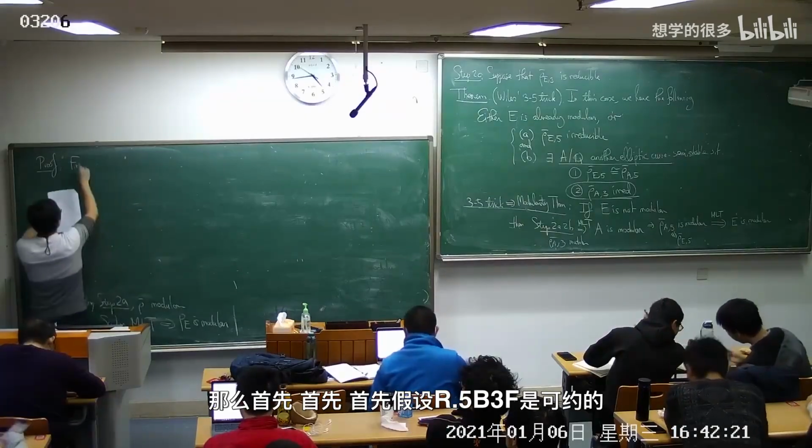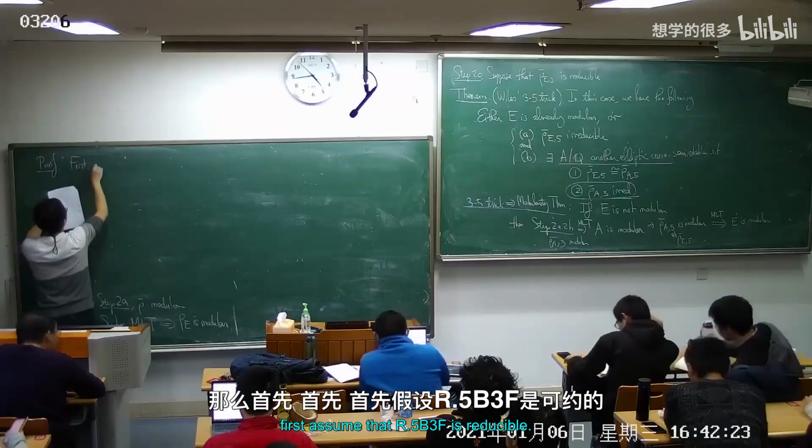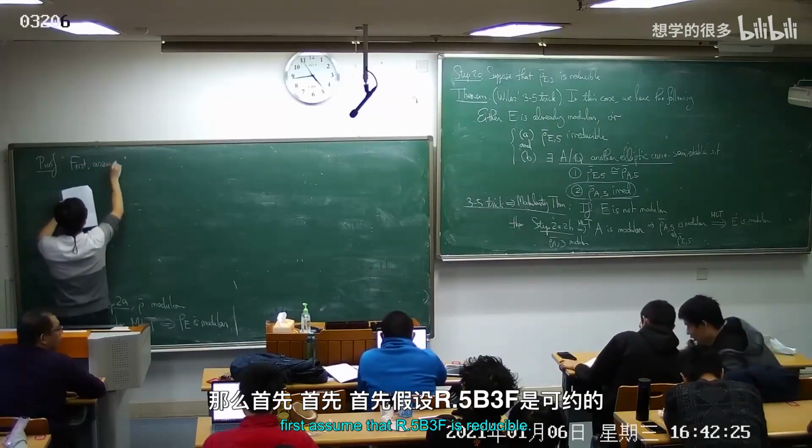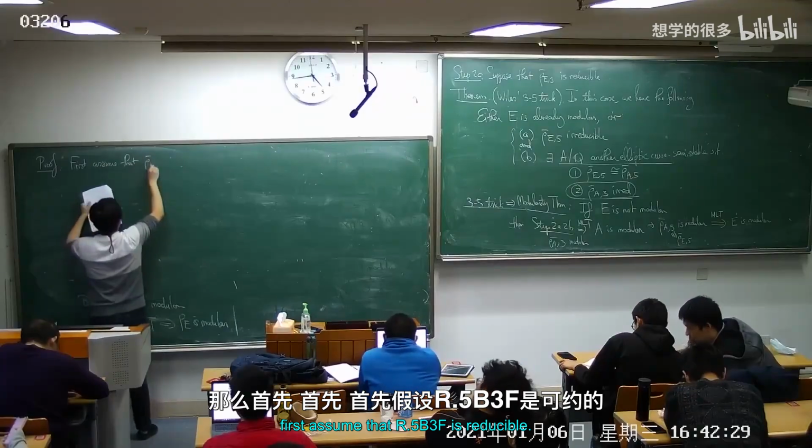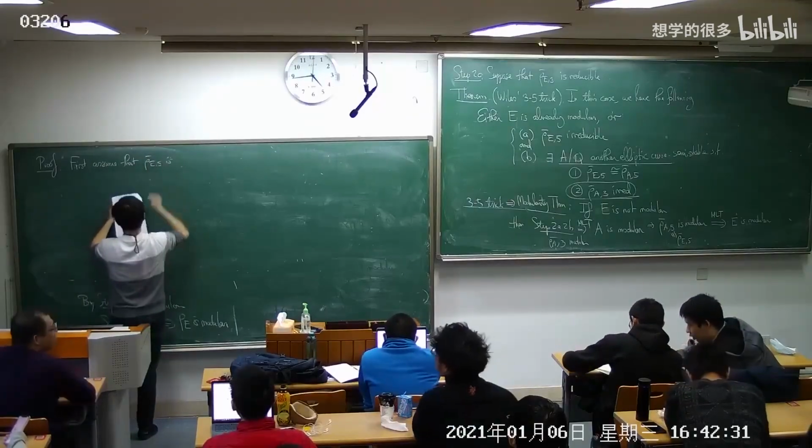So first, assume that rho bar E,5 is reducible.